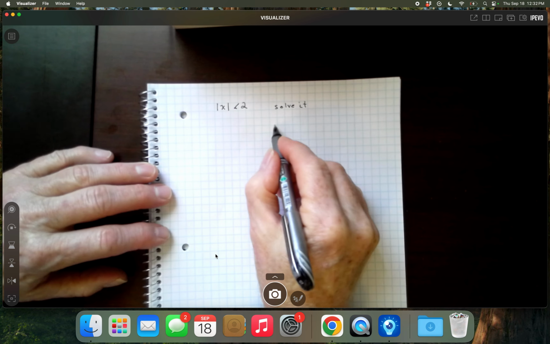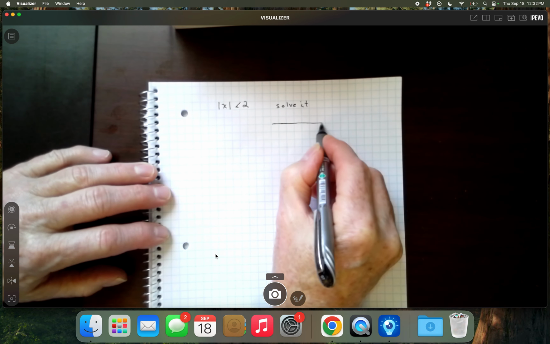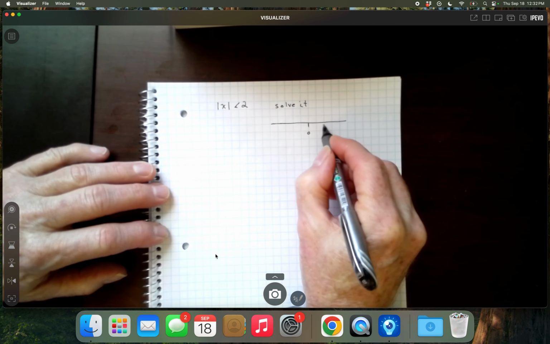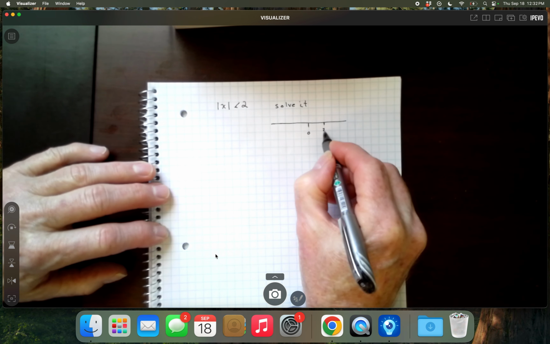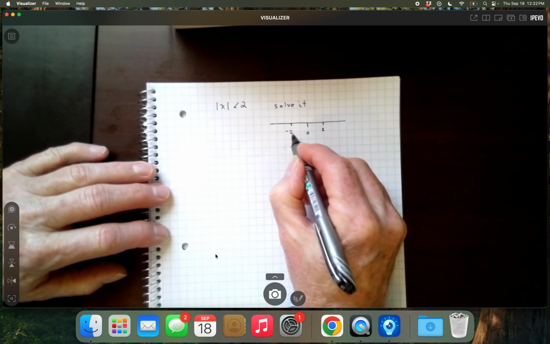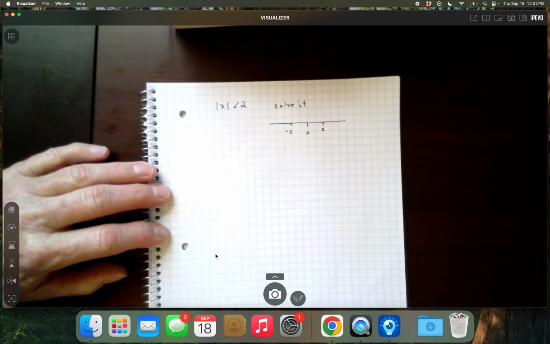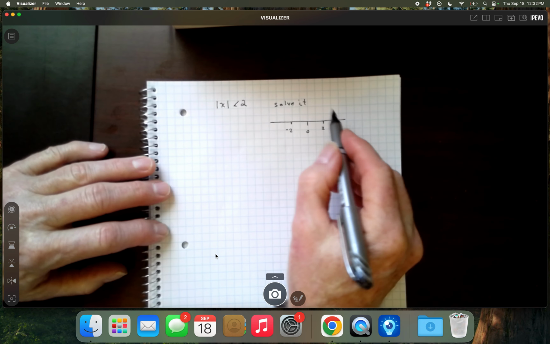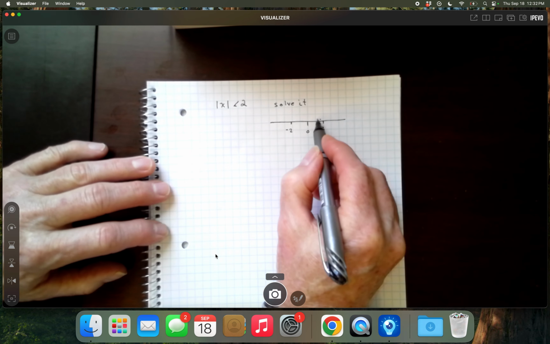Well, notice what this is saying. Here's the origin. Over here is 2, and over here is minus 2. So this is saying your distance to the origin is less than 2 units. If that's true, where are you at? You're anywhere in this interval.